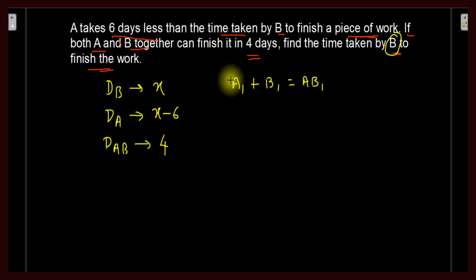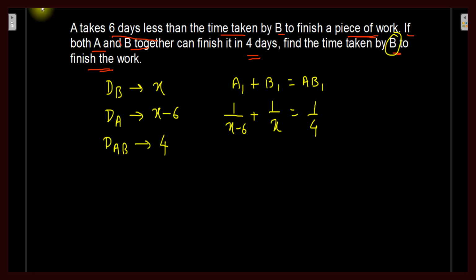So the work completed by A in 1 day, that will be what? 1 upon x minus 6, because he completes the work in x minus 6 days, and so in 1 day he will complete 1 by x minus 6 work. Now B's work in 1 day will be 1 by x, and the work completed by A and B together in 1 day will be 1 by 4.